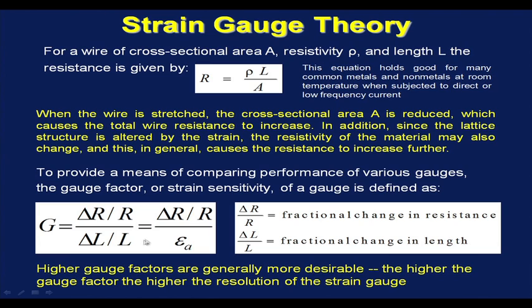The gauge factor or strain sensitivity can be defined as delta R by R over delta L by L. So, this is the fractional change in resistance, delta R by R, divided by axial or longitudinal strain, which is fractional change in length, delta L by L. In other words, fractional change in resistance divided by axial strain.